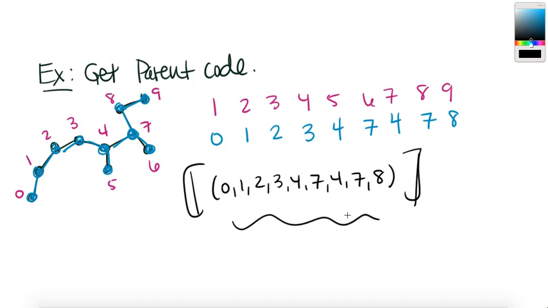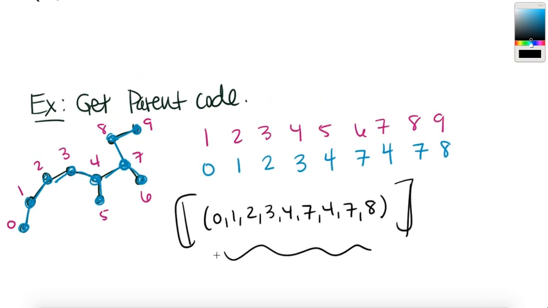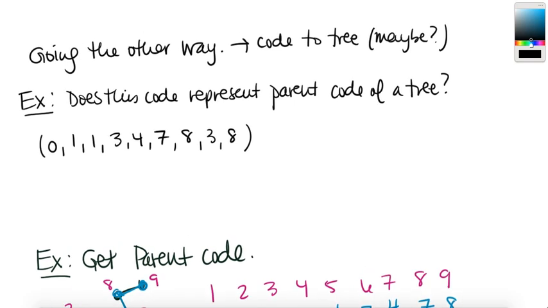All right. So we've seen 2 examples of going from graph to parent code, right? This string of data. And let's go from a code and talk about whether or not this represents a tree.